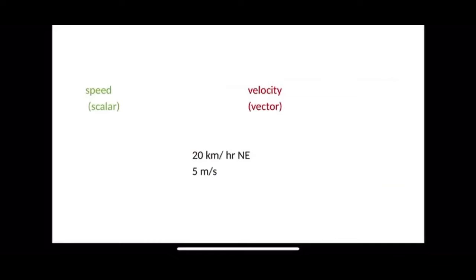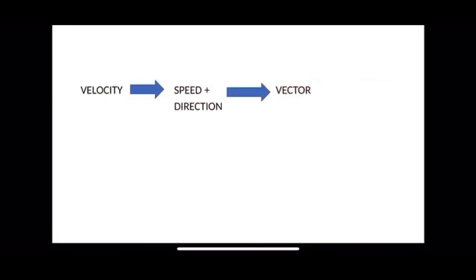Then what about 5 meter per second? Yes, it is a scalar quantity because there is no specification about its direction. So it is an example for speed. Simply we can say that velocity is speed with direction and is a vector quantity.